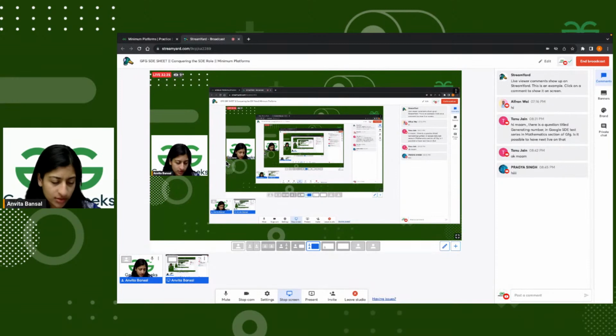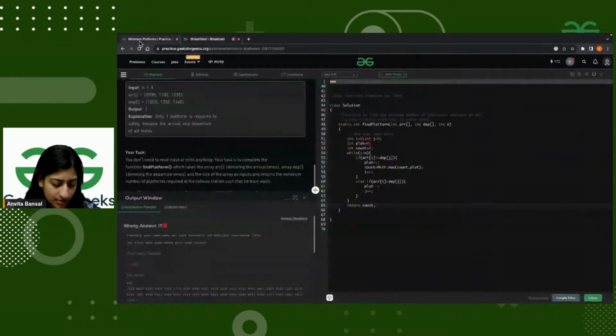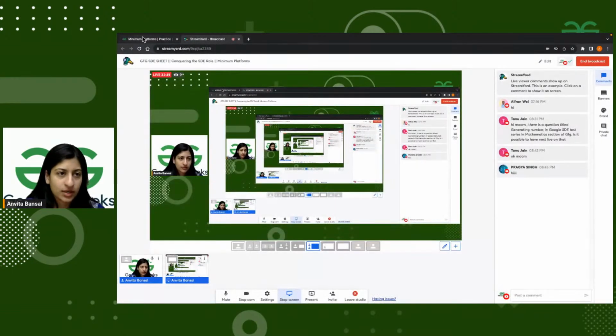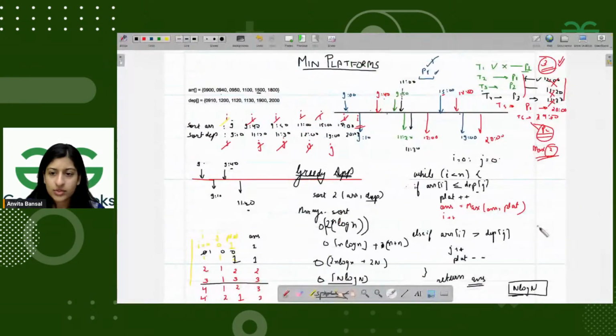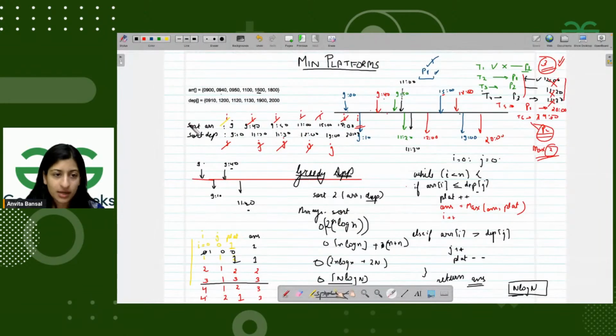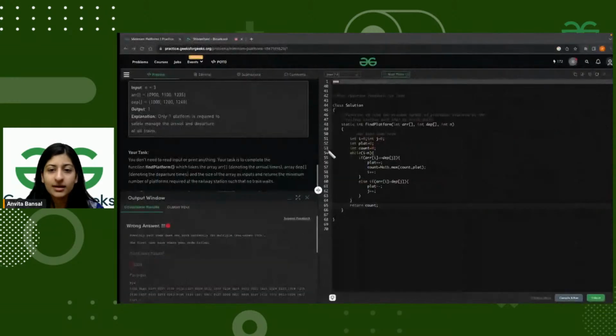Guys, can you figure out what is the problem that I might have made in this problem? Have a look. By the time, I'm also trying to have a look at it. The biggest mistake I have made is that in my mind I was only working on the pseudocode, but I ignored the fact that in order to run this loop, I also have to sort both arrays, right?